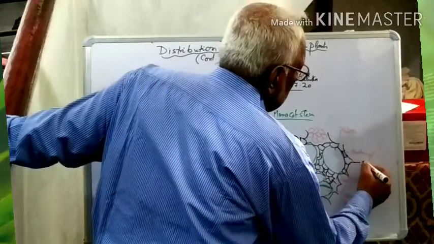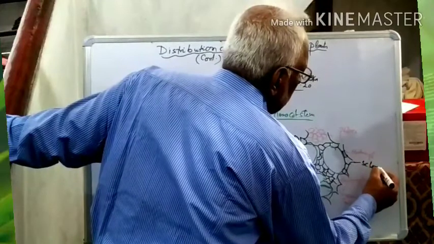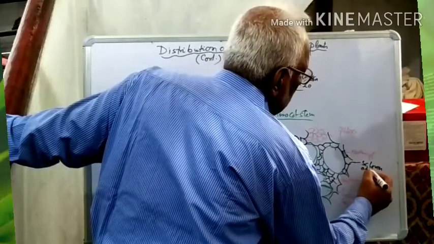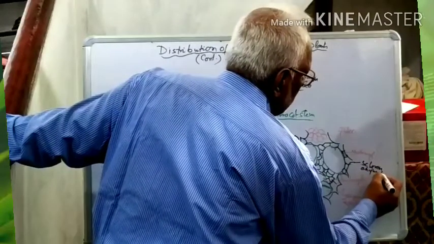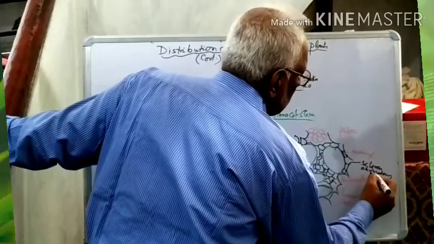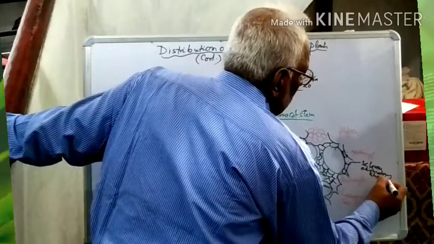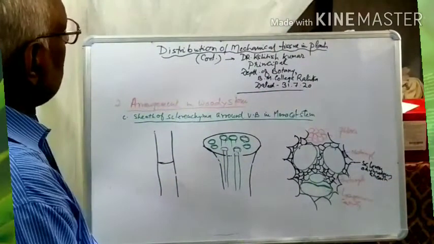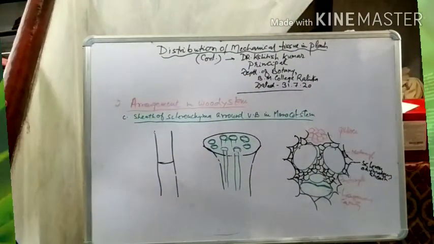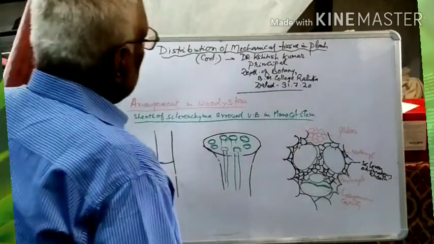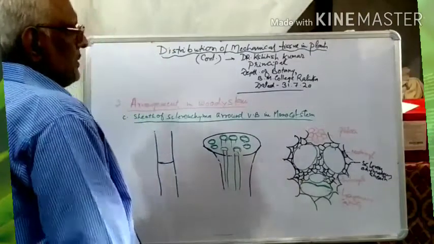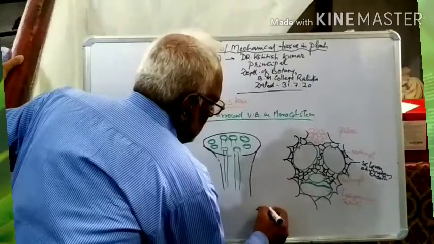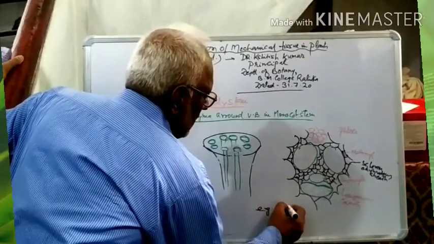Here this is the sclerenchymatous sheath. So here we see that there is a vascular sheath around the vascular bundle that gives support, and the example is the maize stem.